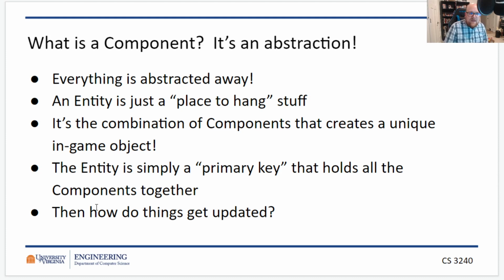Each entity combines the components it needs, and so rather than having to define, for every enemy, a class that handles it, and if there's variations on that enemy, a separate class, maybe an inheritance class, and create that structure, instead you just create components, and you add those to the entity. So the entity is just a primary key.